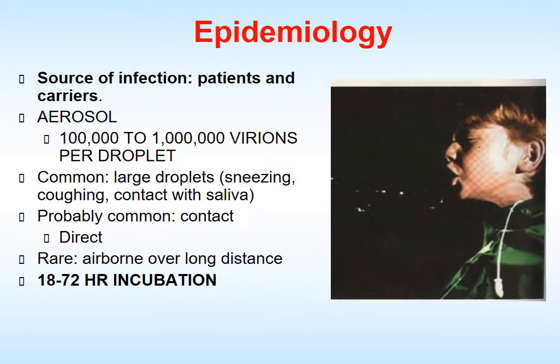Epidemiology. The source of infection is patients and carriers, and the virus is usually spread by large droplets while sneezing, coughing, or after contact with saliva, and sometimes by direct contact. The period of incubation is quite short, only 18 to 72 hours.